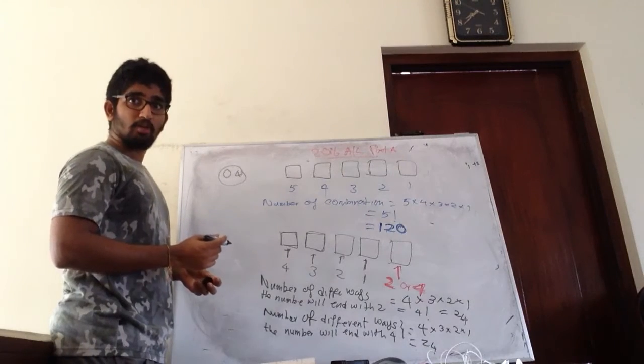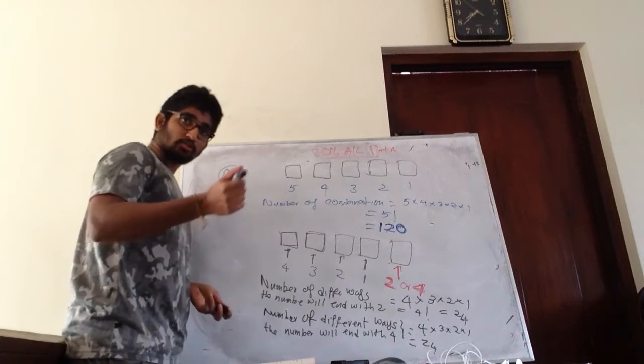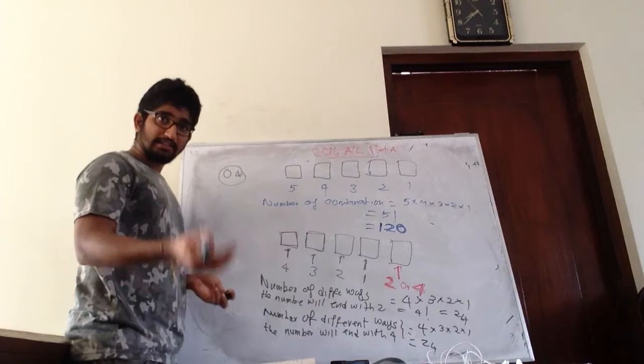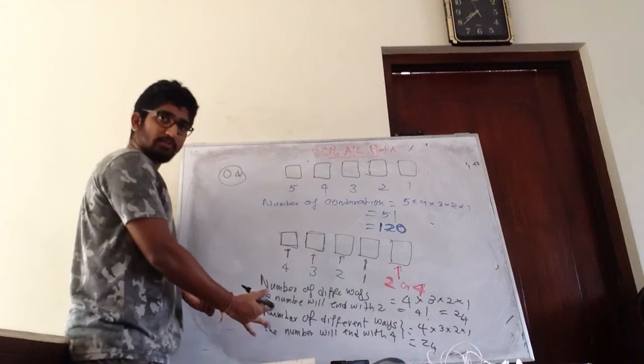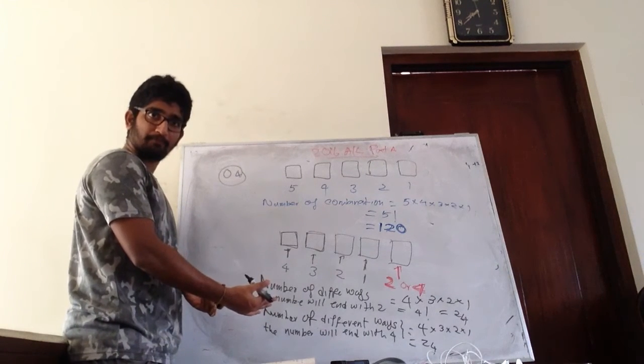So the total number of even numbers will be the addition of these two, simply.